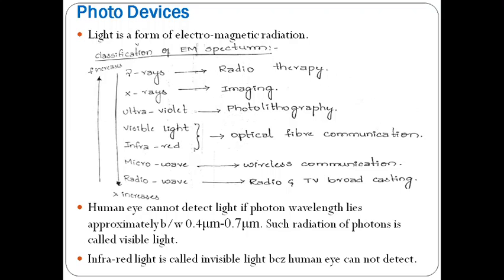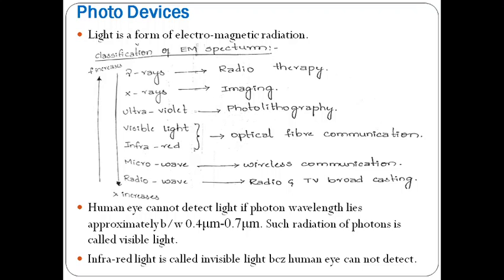Such a range of wavelength is called visible light. Infrared light is invisible light because humans cannot detect it. Generally infrared wavelength is about 0.9 micrometer. Our range is only 0.4 to 0.7 or 0.8, but infrared is 0.9, so we cannot detect infrared light.